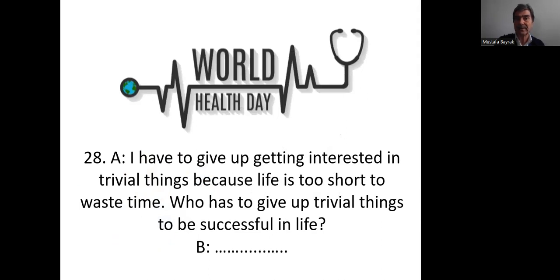I have to give up getting interested in trivial things because life is too short to waste time. Who has to give up trivial things to be successful in life? All of us have to give up trivial things to be successful in life, or each of us has to give up.